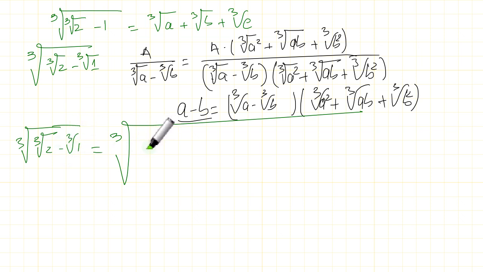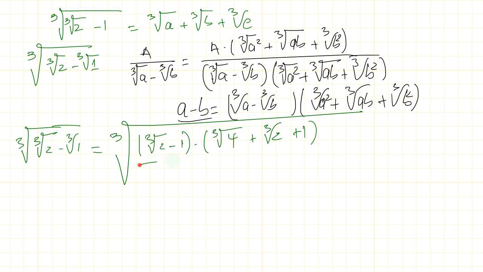We have cubic root of 2 minus cubic root of 1, which is 1, which will multiply the conjugate of it, which is cubic root of 2 square, which is 4, plus cubic root of 2 times cubic root of 1, so we have cubic root of 2, and then plus 1 square, which is 1.